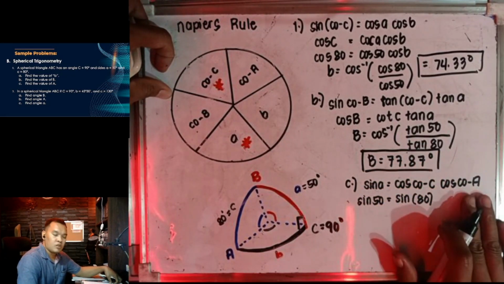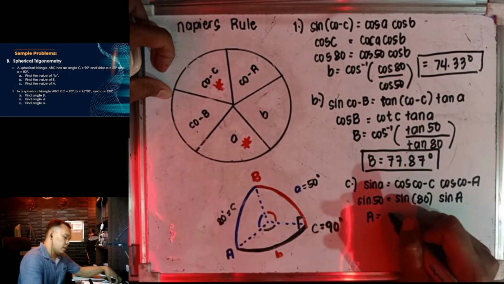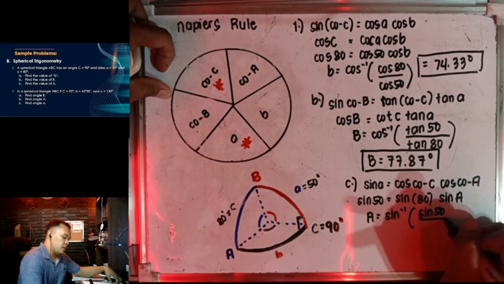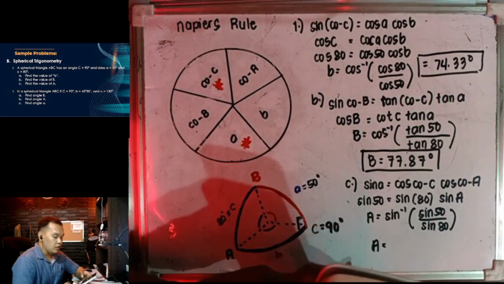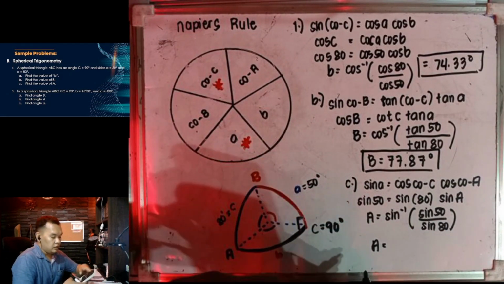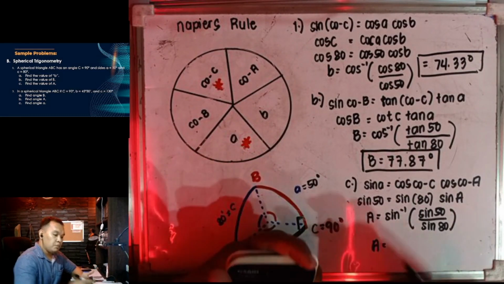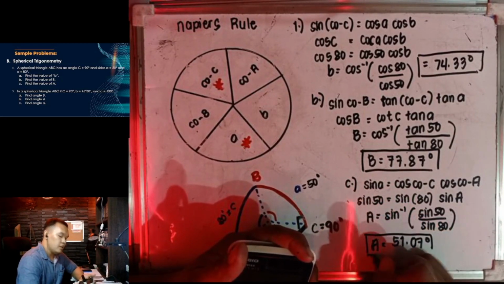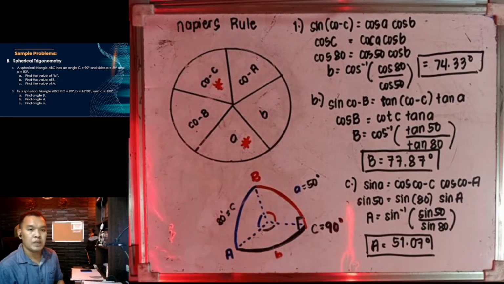Then yung cos complement A is equivalent kay sine capital A. Therefore, A is equivalent kay arc sine 50 all over sine 80. So, we have here 51.07 degrees. Okay? So, yan po yung value ng ating small b, capital B, and capital angle A.